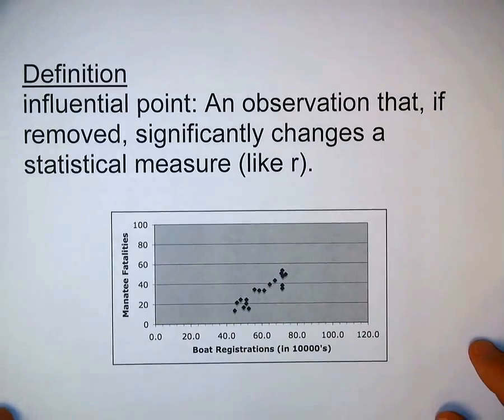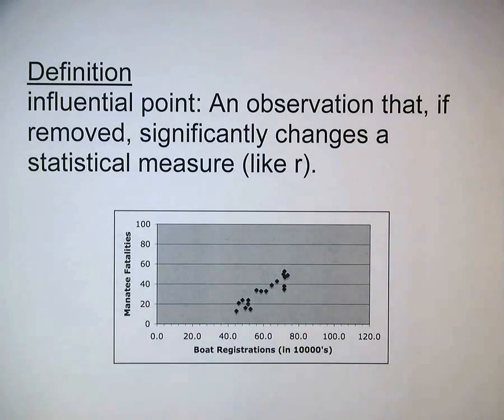Now let's also take a look at an influential point. An influential point is an observation that, if removed, significantly changes a statistical measure, like r, your correlation coefficient. So if we look at some influential points, actually, let's start with one that's not influential.